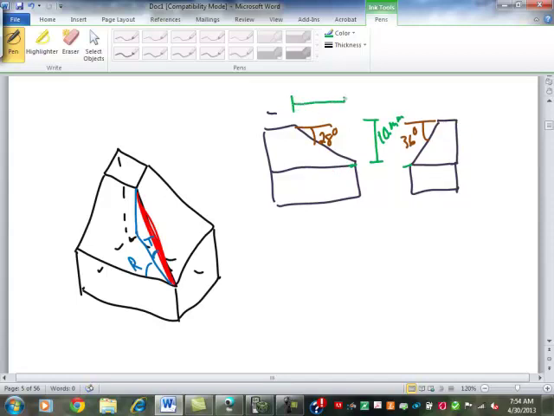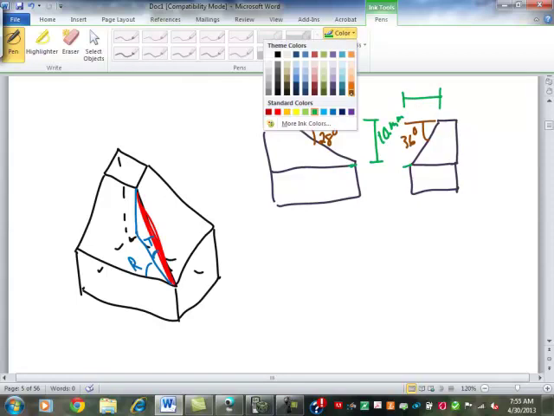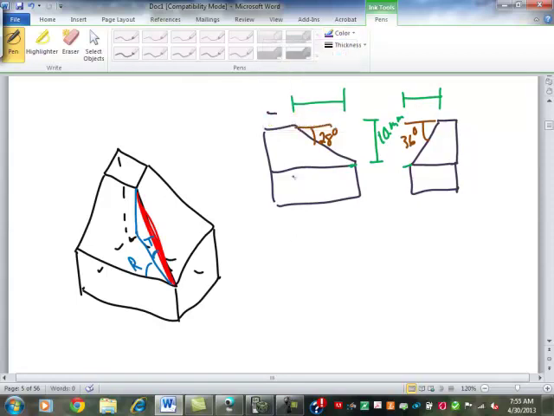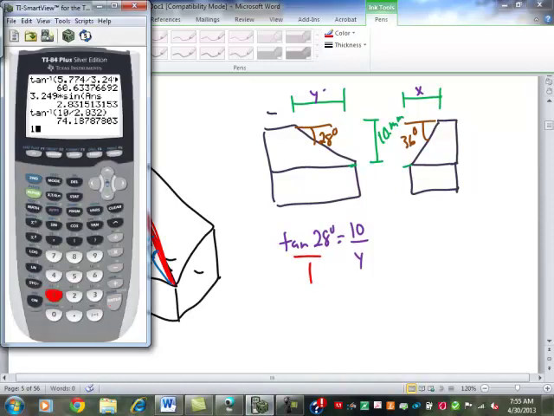Again, that only goes here to the bottom of the bevel to be 10 millimeters. So what I'm going to be able to get from that is this and this dimension. This one here, tangent of 28 degrees is going to equal 10 over, I'll call this y and this x, 10 over y. Put this over 1, so it'll be 1 times 10 divided by tangent of 28, which is 18.81.